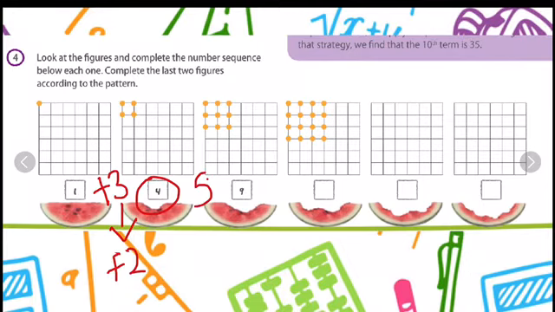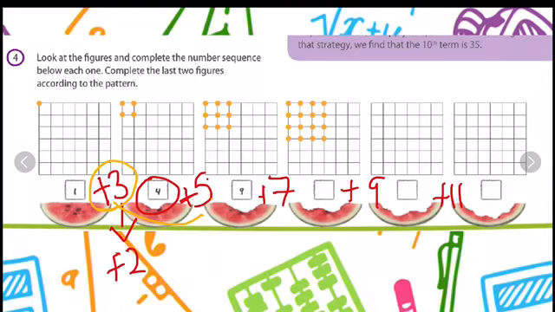So that means it will be 5, 7, 9, 11. So they're beginning with number 3, and it is being increased by adding 2, and your result will be 5. So 4 plus 5 is 9, and you have 9 here.